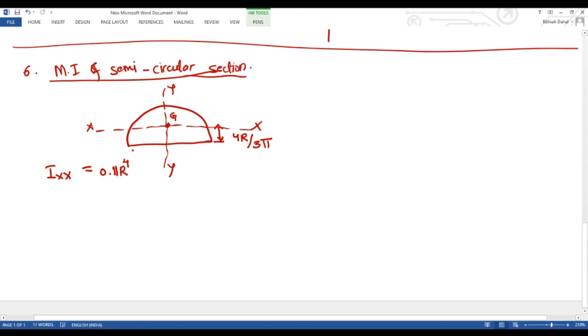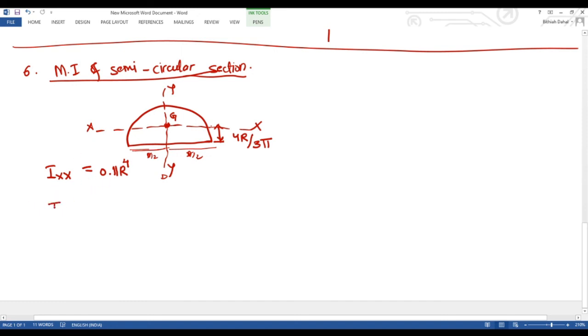This distance here can be r, and here also it can be r, so in total you will have d, or you can say d by 2 here and d by 2 here. But the distance running from the x-axis you cannot say exactly how much it is. So the distance here is 4r by 3 pi from the base, and that's why we have a different moment of inertia for a semicircular section.